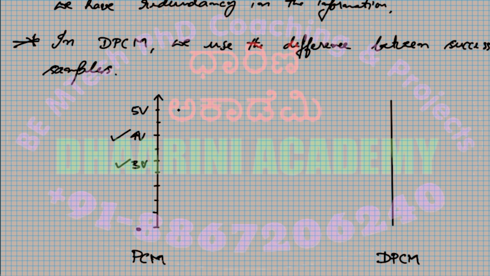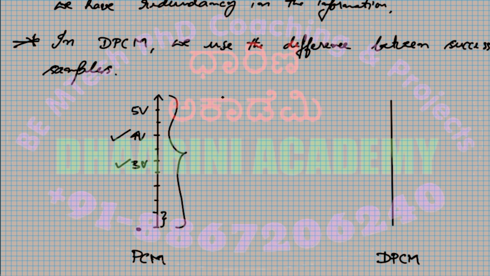So that means in case of PCM, I require more number of levels, correct? You may divide your sample, say this is 0.5, that's not an issue, but you have to go all the way till the highest point. If it is a 10 volt signal, you have to go all the way from 0 to 10.